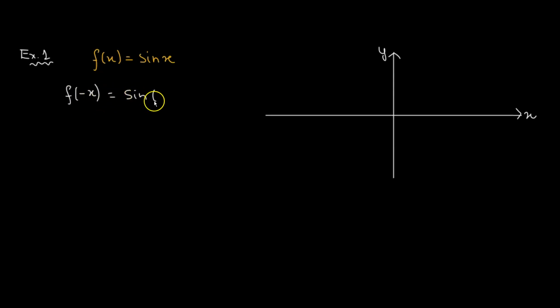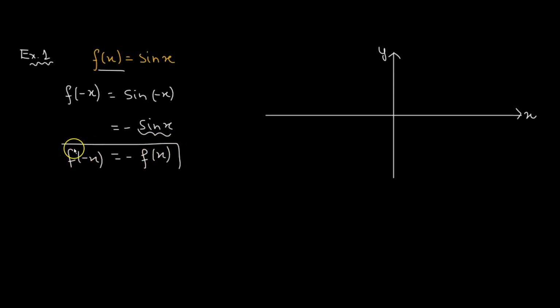That gives sine of negative x, which is simply negative sine of x. Since sine of x is f of x, we get negative f of x. So we get the condition for an odd function, which means f of x equals sine x is an odd function.